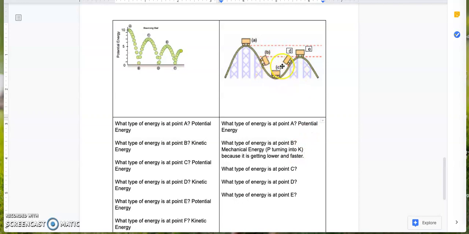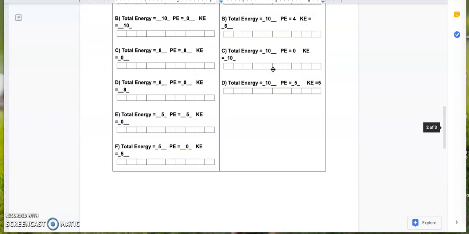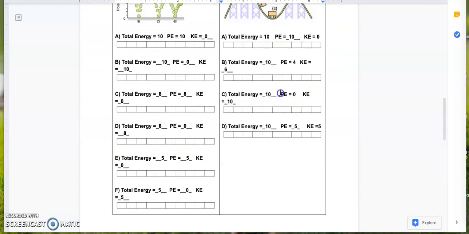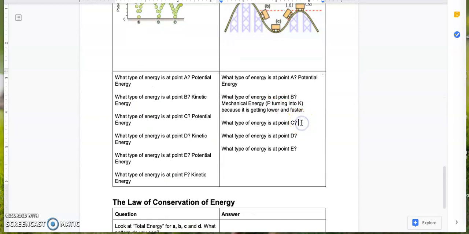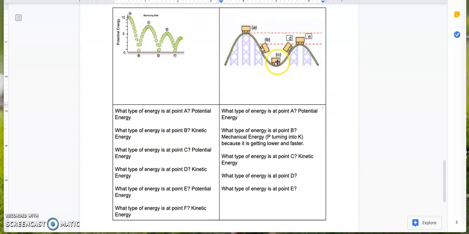At C, let's talk about what C is doing. C is at the bottom and it's only kinetic. So we are going to say that C has kinetic energy. Now D I made different. D is on the way up, so I know that it's moving and it has a height. So hopefully you're thinking to yourself, that must mean it has mechanical energy.